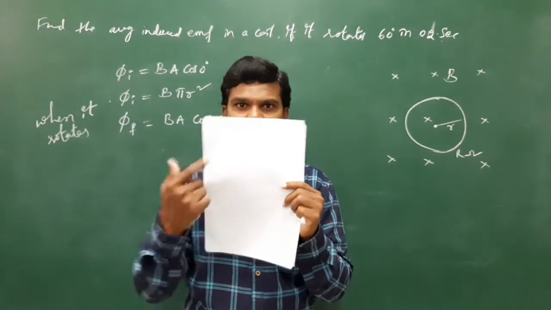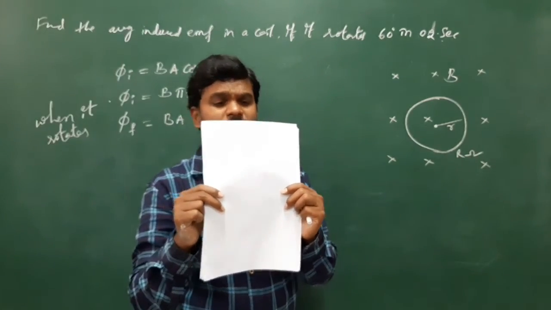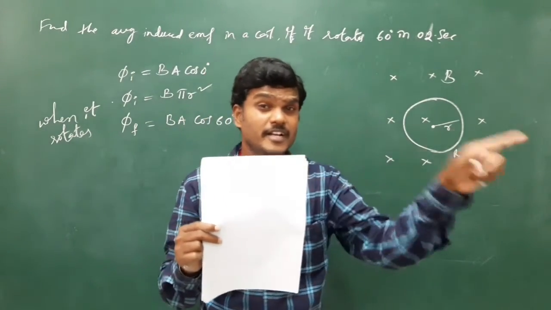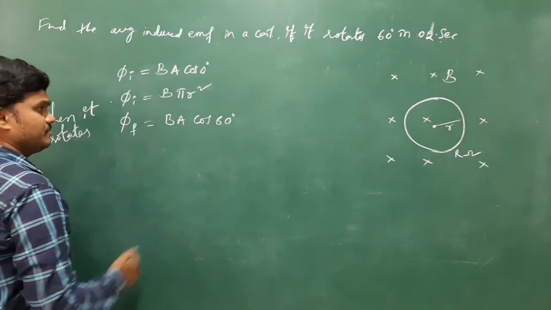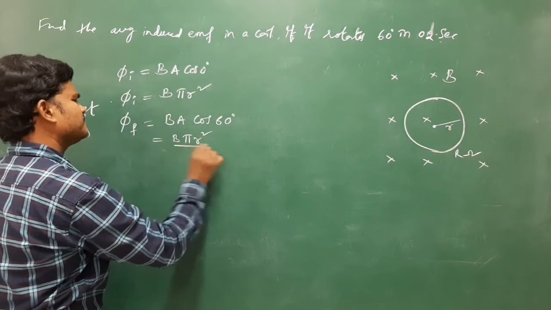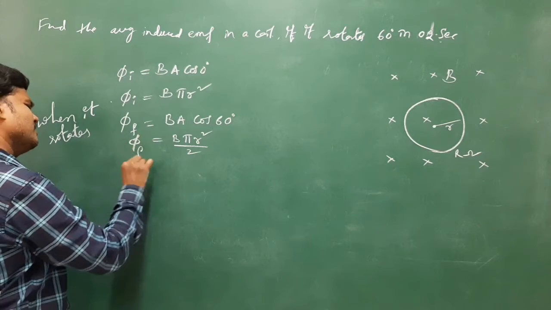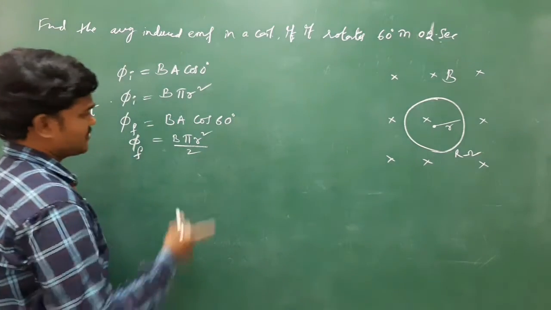So the angle between field and area changes. What is the angle? 60 degrees. Now B π r squared by 2, cos 60. Initially the flux is B π r squared, finally B π r squared by 2.